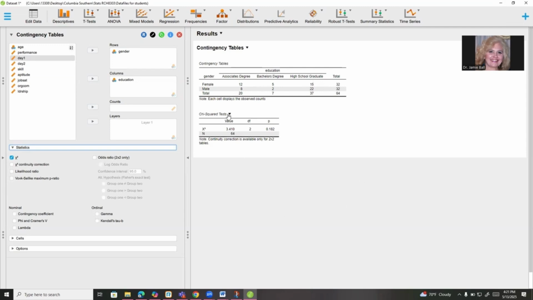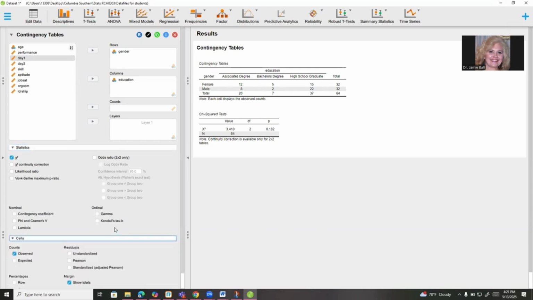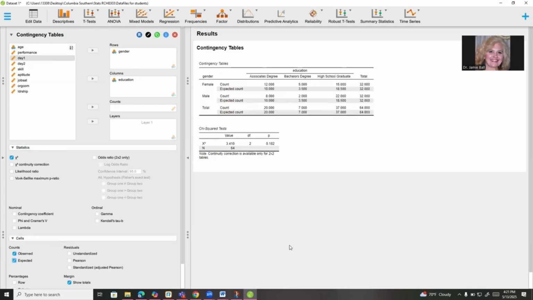Now for a chi-square, we're going to test the assumption first. So the assumption of a chi-square is that the expected cell count is 5 or more. So I'm going to go to cells over here, and I'm going to make sure observed is checked, and I'm going to add expected. Now that was added. This is the cross tabular.